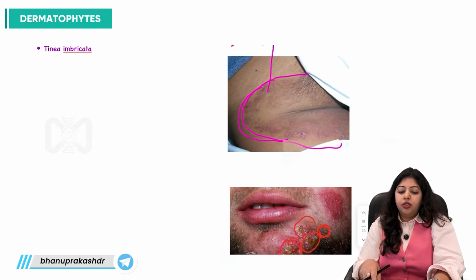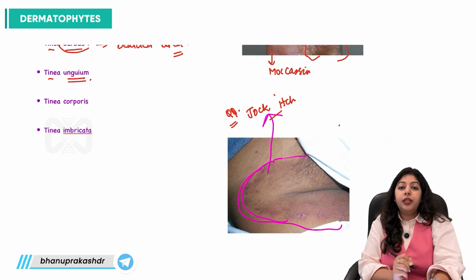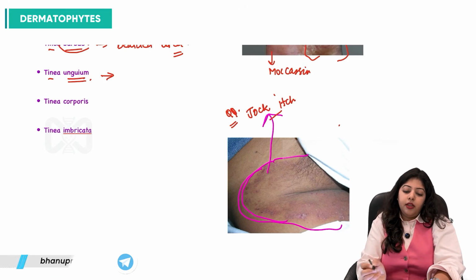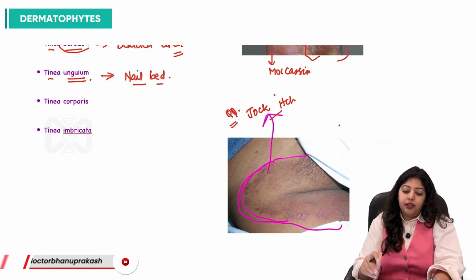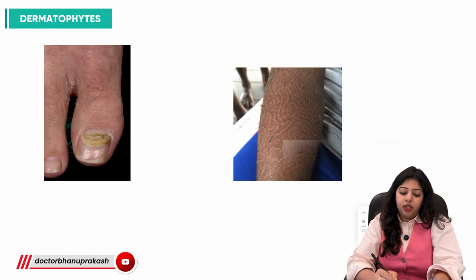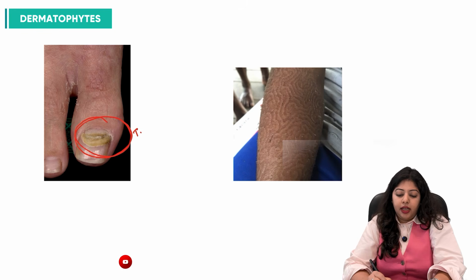It is nothing but the tinea infection of the bearded area. Now Tinea unguium, it is the infection of the nail bed. Can you appreciate this image? The nail bed is affected, right?